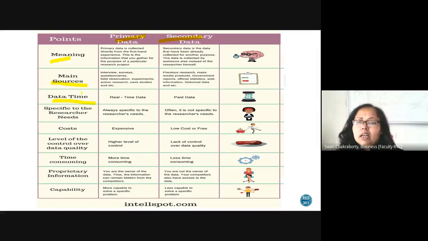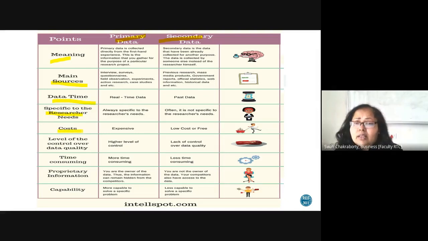Data time: primary data is real-time data because you're collecting it yourself, whereas secondary data is past data. Specific to the researcher's needs: primary data is always specific to your needs, but secondary data, in most cases, is not specific to our needs.